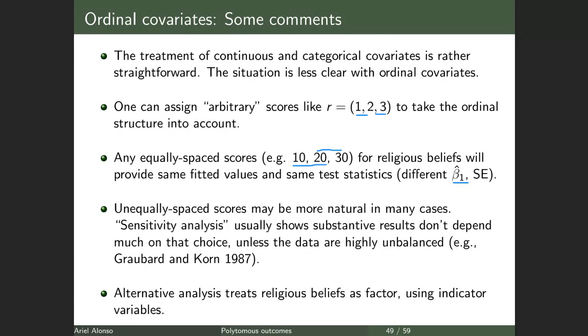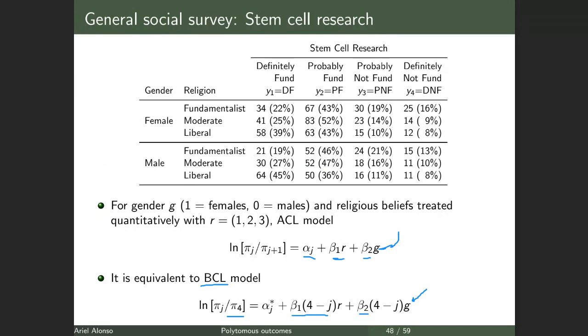Now, if you decide to use unequally spaced scores, consider what you are doing when you use equally spaced scores. Basically, what we are saying is that the distance between a fundamentalist and a moderate is the same as the distance between a moderate and a liberal, whatever that means. That's what you are assuming when you use equally spaced scores like here.